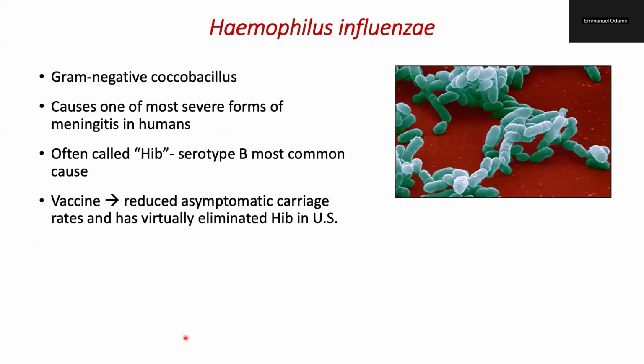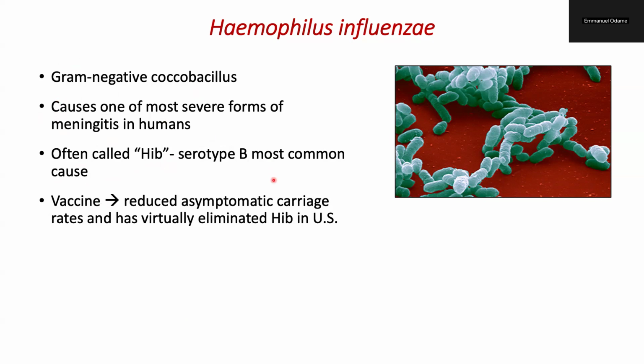The next one is Haemophilus influenzae, which is a gram-negative coccobacillus. We have vaccines available that we give to infants for this, and for this disease, humans are the only known reservoirs. This gram-negative coccobacillus causes most of the severe forms of meningitis that we know, and often we call it Hib, or serotype B. That's the most common cause that we know.